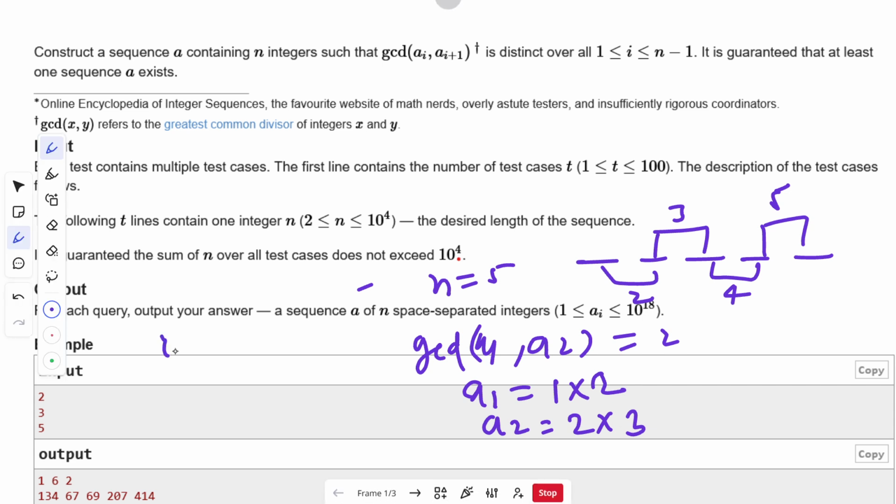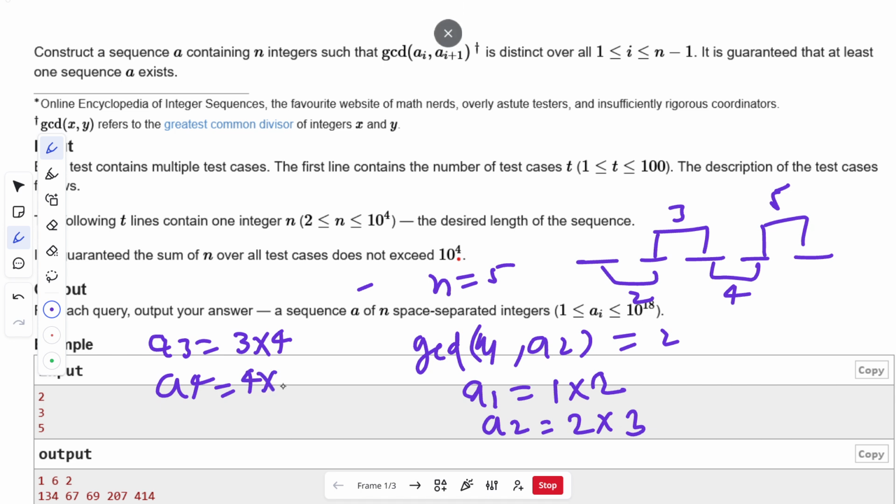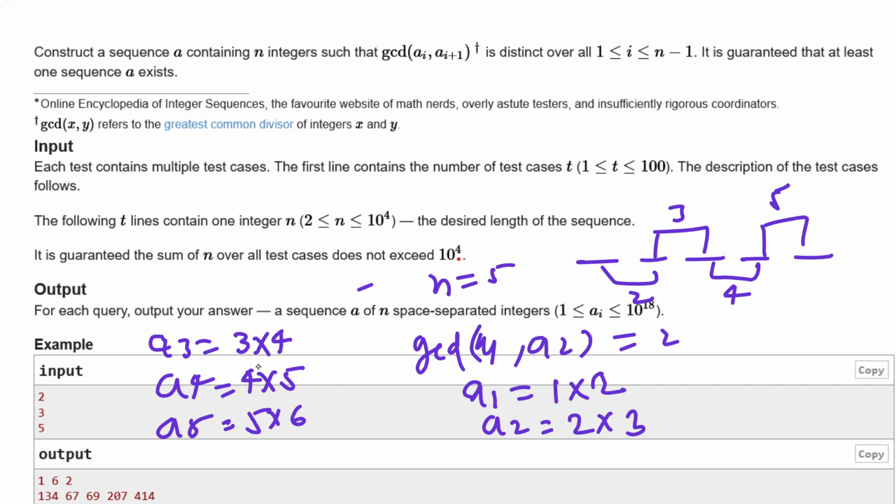Similarly, we represent A3 by 3 into 4, A4 by 4 into 5 and A5 by 5 into 6. Then 4 is common to A3 and A4, and 5 is common to A4 and A5.